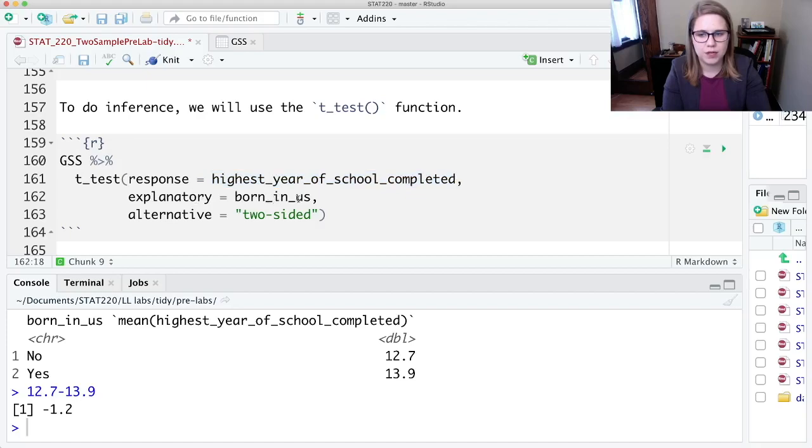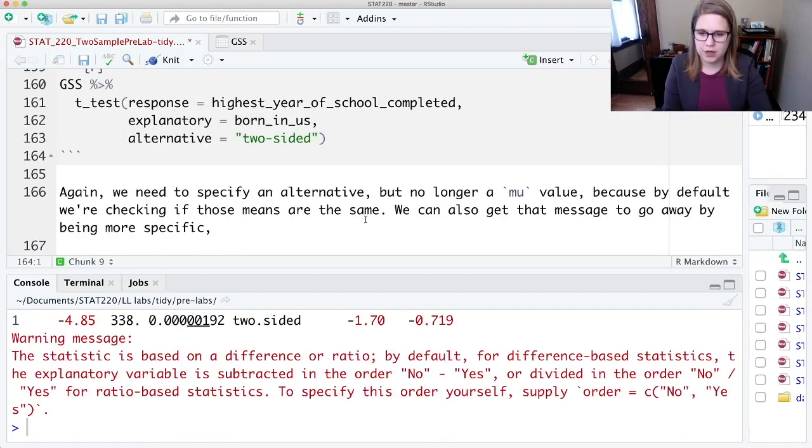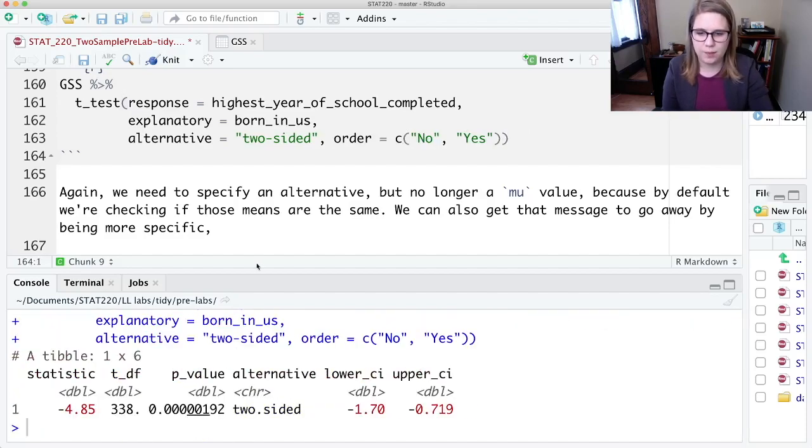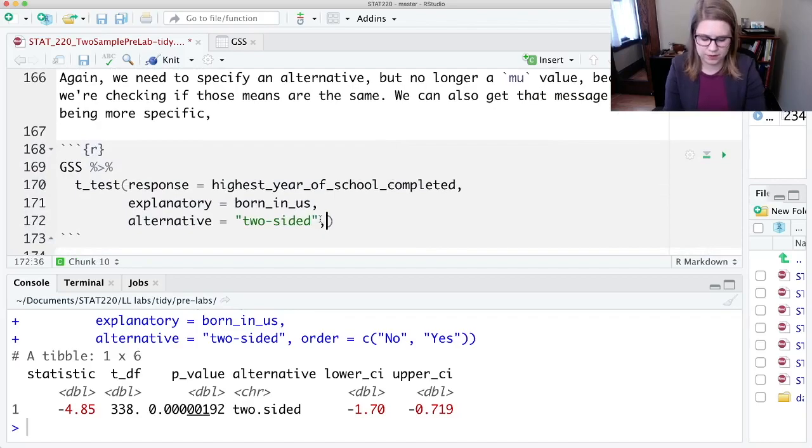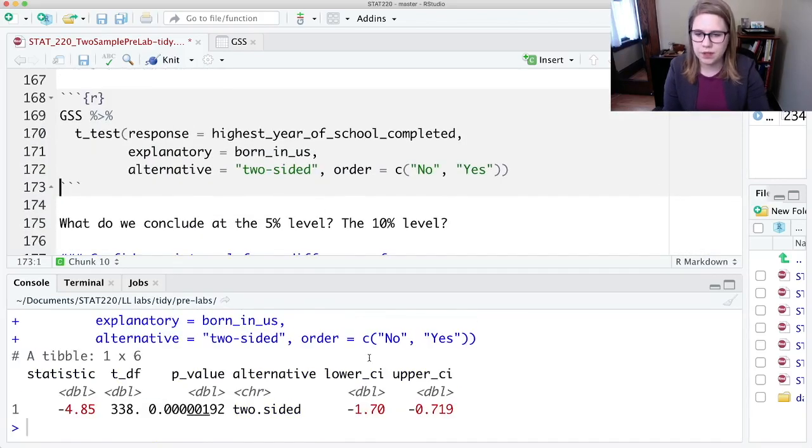And the explanatory is the thing that we're going to break it up by to make two different means. So let's Control Enter here. Again, it is telling me that it's doing the order no and then yes, and I could specify that if I wanted to. So put comma in and then paste that in here, and now it's not going to give me that message. Okay, so I guess I did that two places here again.